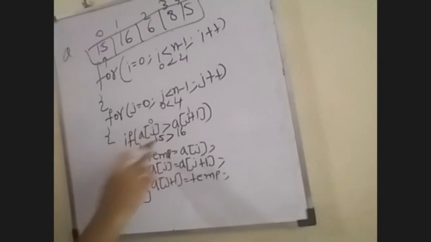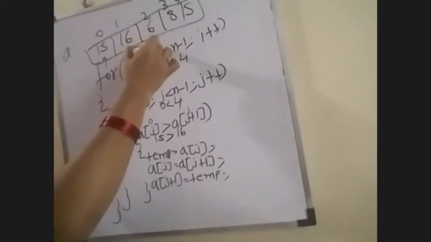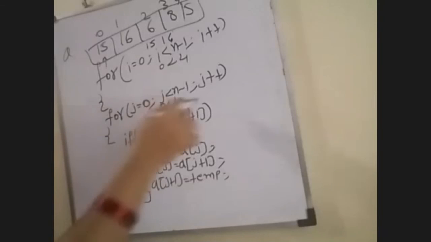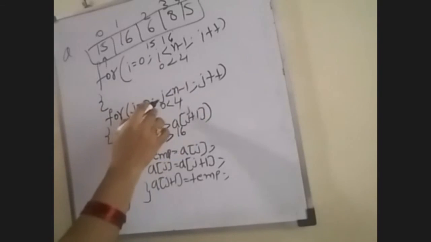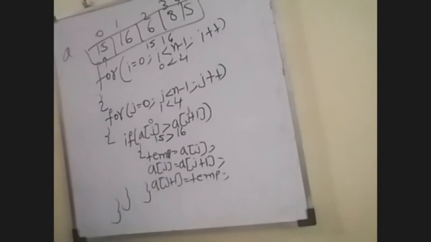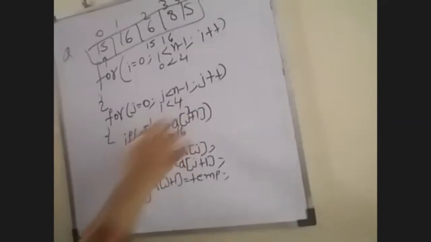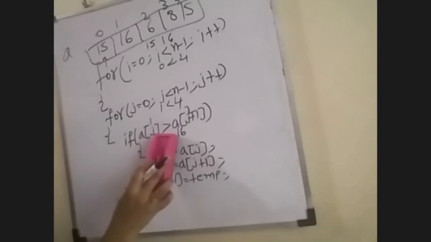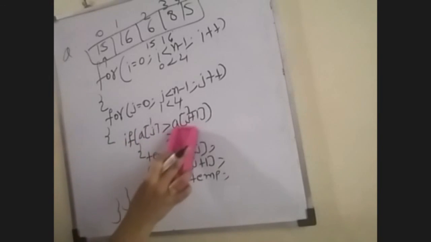So next, the values come the same, 15, 16. Next, again the j value will be incremented. So 1 is less than 4, condition becomes true. Now the j value is 1, j plus 1 value is 2.